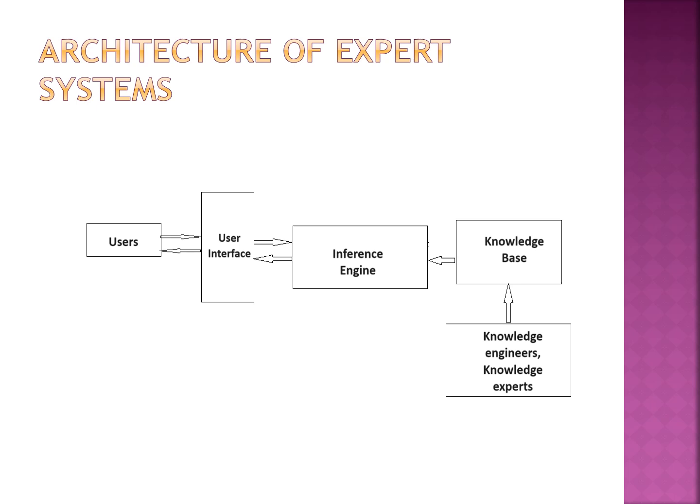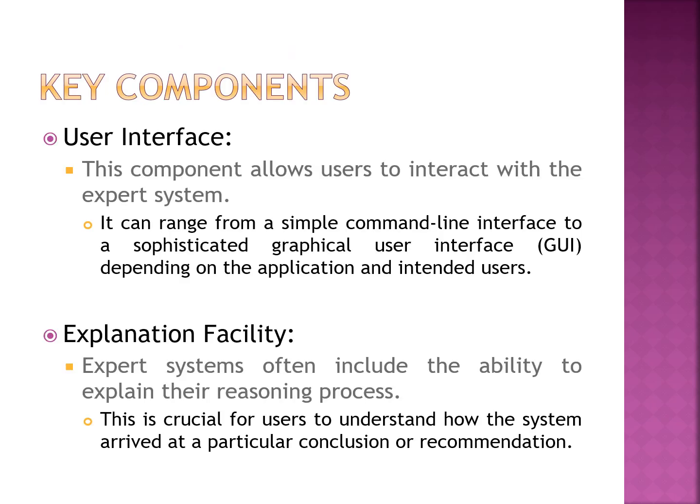The knowledge base is constructed by involving knowledge engineers and knowledge experts, and as part of the knowledge acquisition process, we pass queries and get the answers and refine the knowledge information, formulate some rules, and also create this knowledge base. And the user interface usually allows users to interact with the system. The user can pass a query and get the response they want from the system.